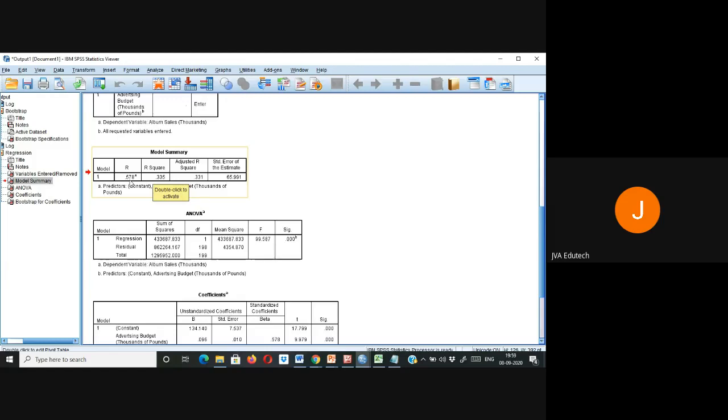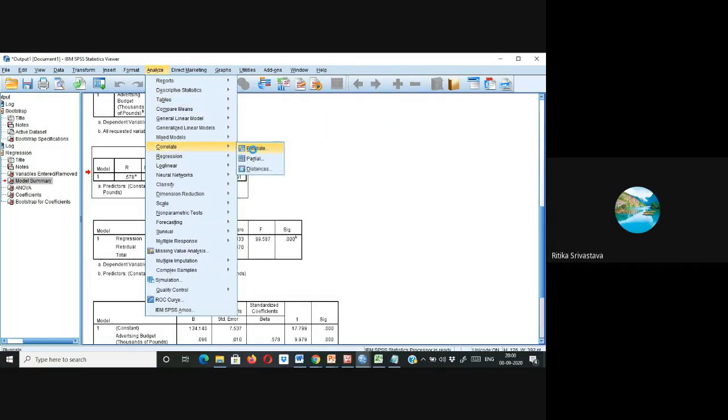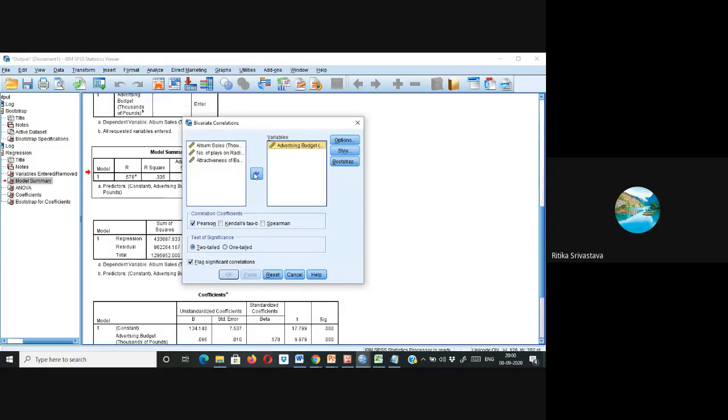So it will tell you only the correlation between the advertising expense and the sales of the album. Even if you do a correlation, you will get the same value. You can check it.